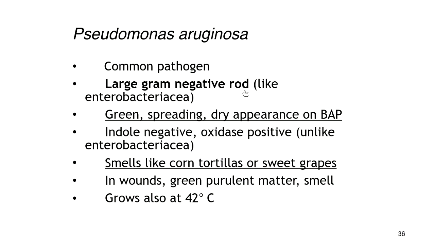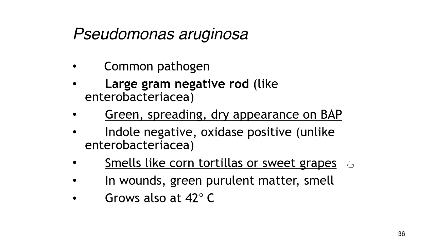But the organism, when it is on blood agar, this again comes down to that recording chart. How does that colony look? This one, Pseudomonas, likes to look green. It is spreading, and it has a very dry appearance. Not mucoid, not damp. It has a dry, powdery appearance. And it smells like corn tortillas or sweet grapes.